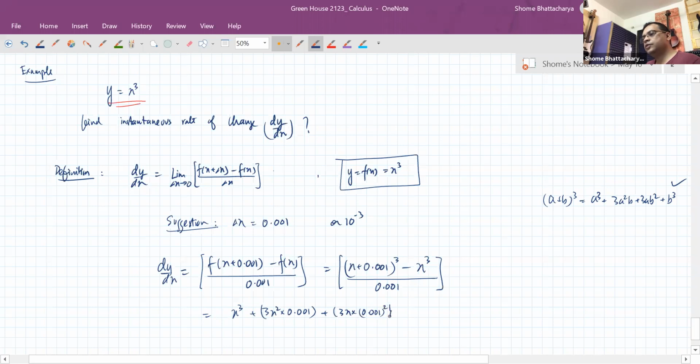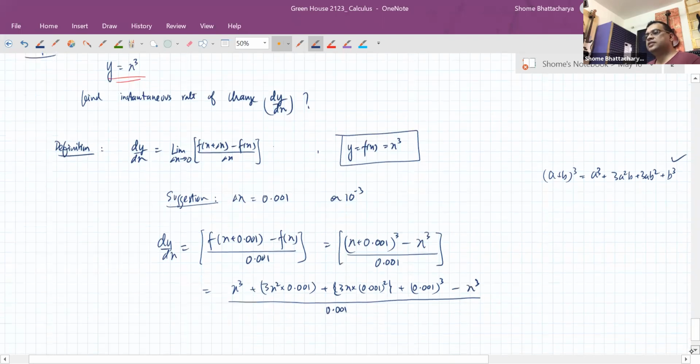You'll have to write this term like this. Plus 0.001 whole cube. So this becomes this, minus x cube, the whole thing divided by 0.001.